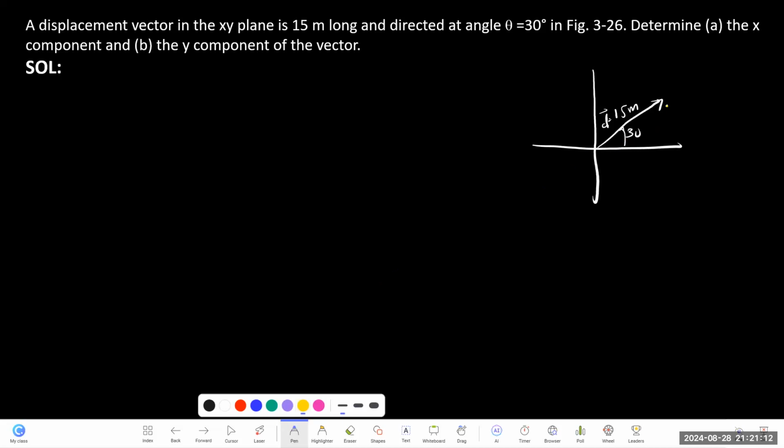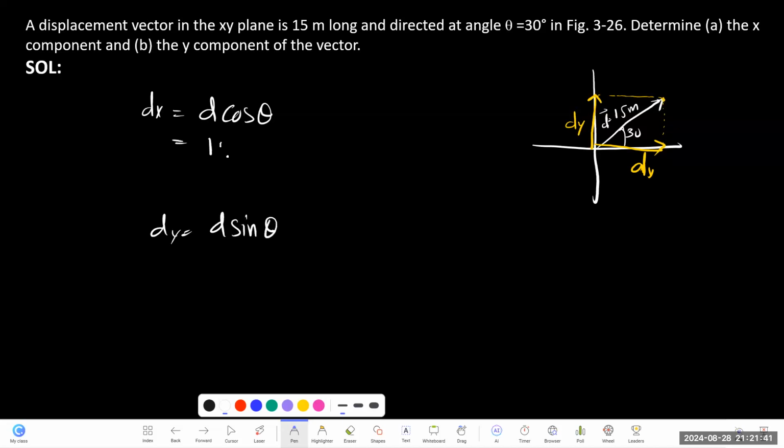So what I'm going to do is go to the tip or head, and drop the components. I'm going to make these arrows yellow. I'm going to call this dx, and this dy. Now we calculate dx and dy. dx equals d cosine theta, and dy equals d sine theta.